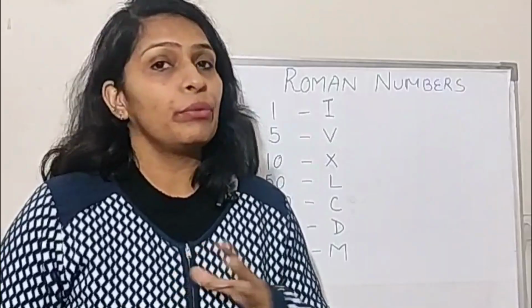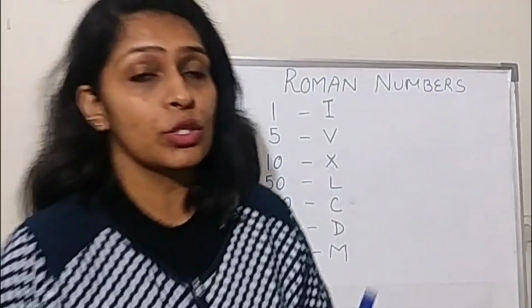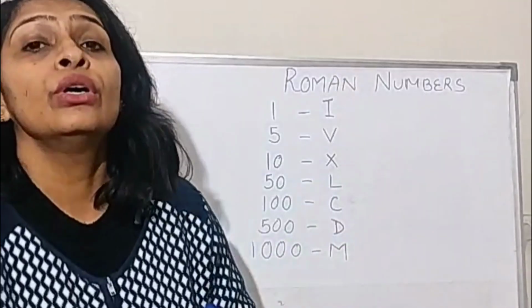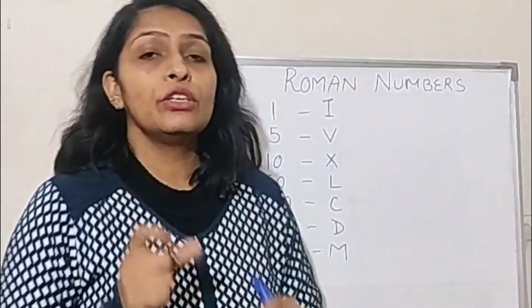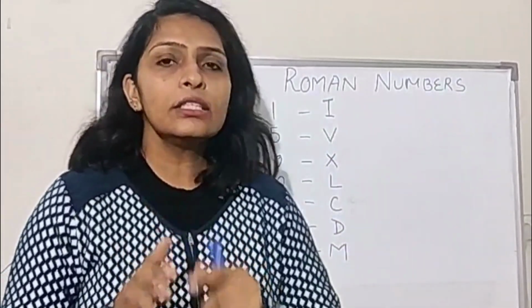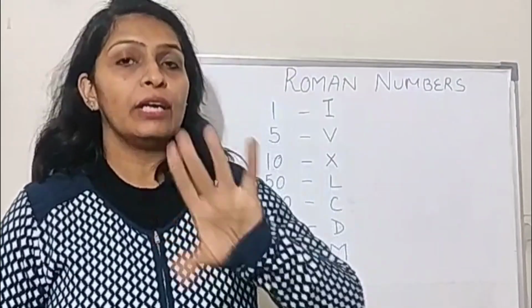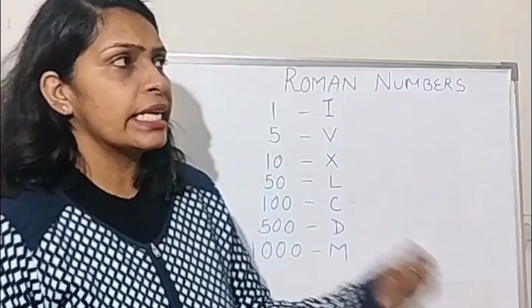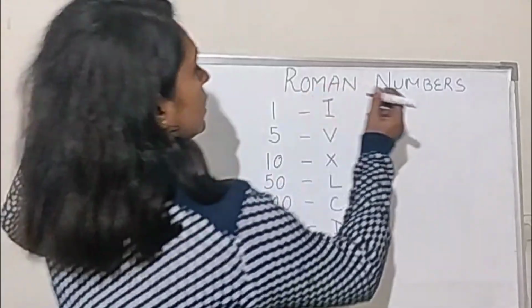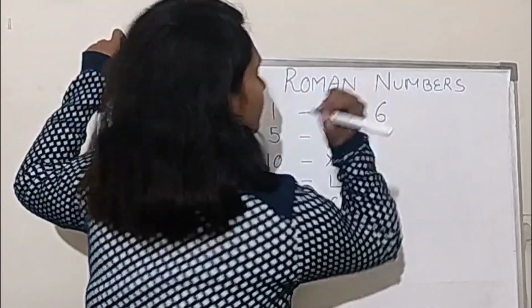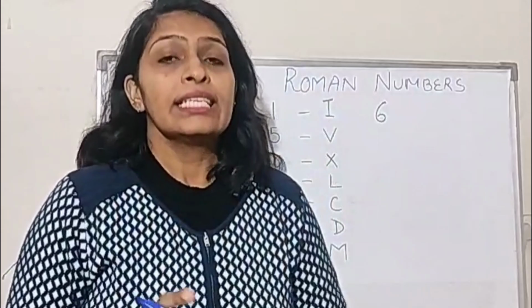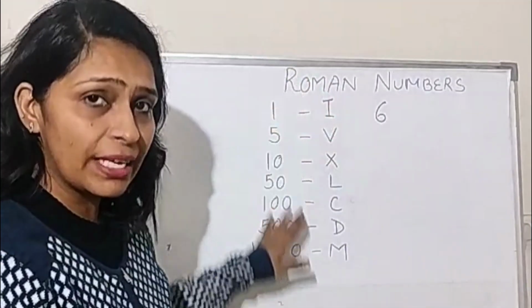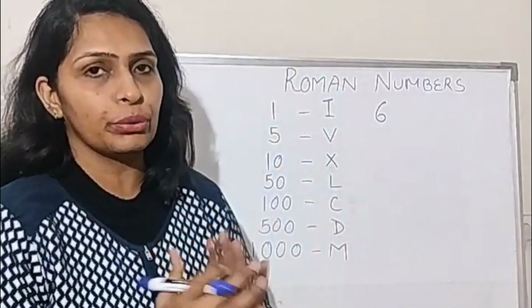Now that we have understood how these symbols work, we will focus on how to use these numbers to create other numbers. There are certain rules we have to keep in mind while writing a number. Let us take one example. Say I have to write the number 6. We have to use the base numbers to write 6.